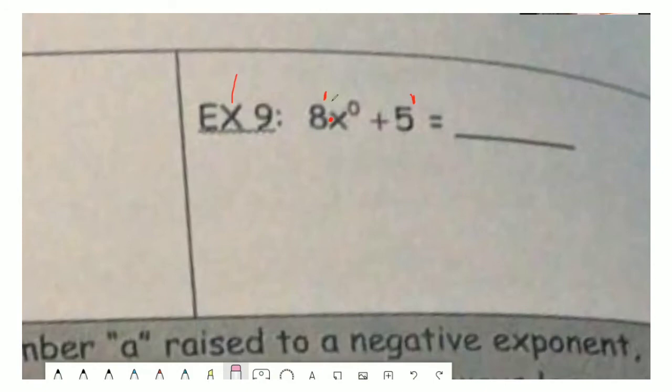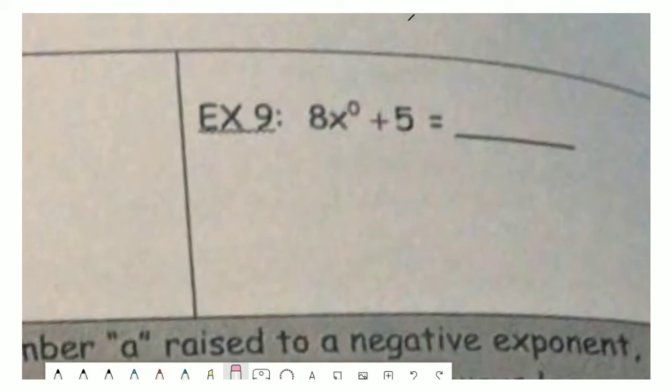So that would be 8 times 1 plus 5, and that would be 13. If there were parentheses like that, then it would be 5. Without the parentheses, it's just the x that's raised to 0. That makes sense.